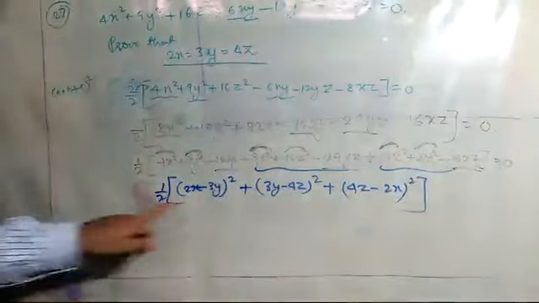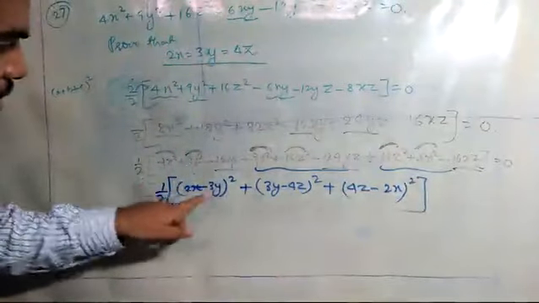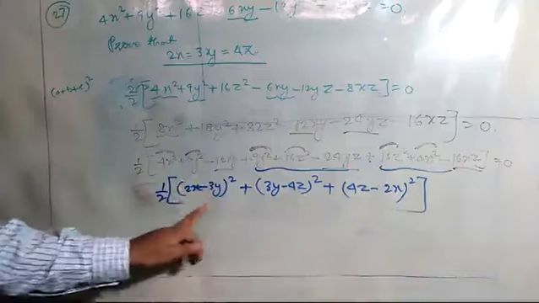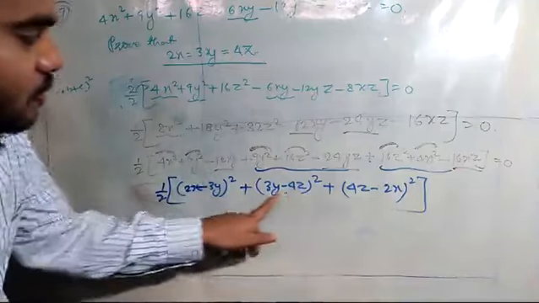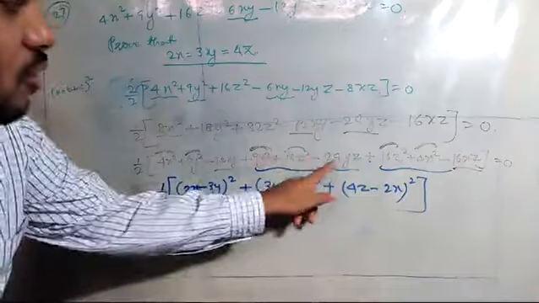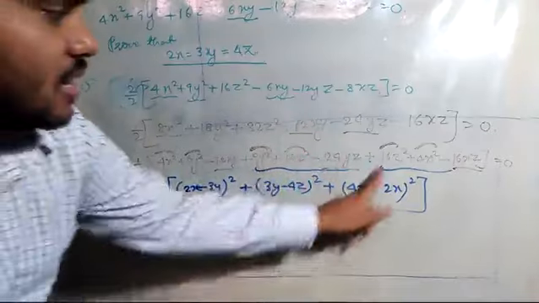Is it clear? 2 2s are 4x square, 3 3s are 9, and then 2ab, 3 2s are 6 into 2, 12 xy, here 4 3s are 12 into 2, 24 yz, and 9, then 16, 9, 16.